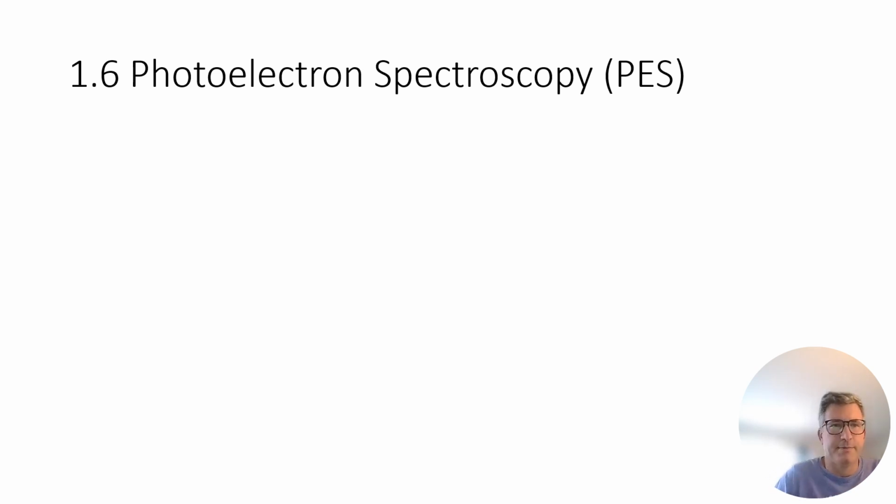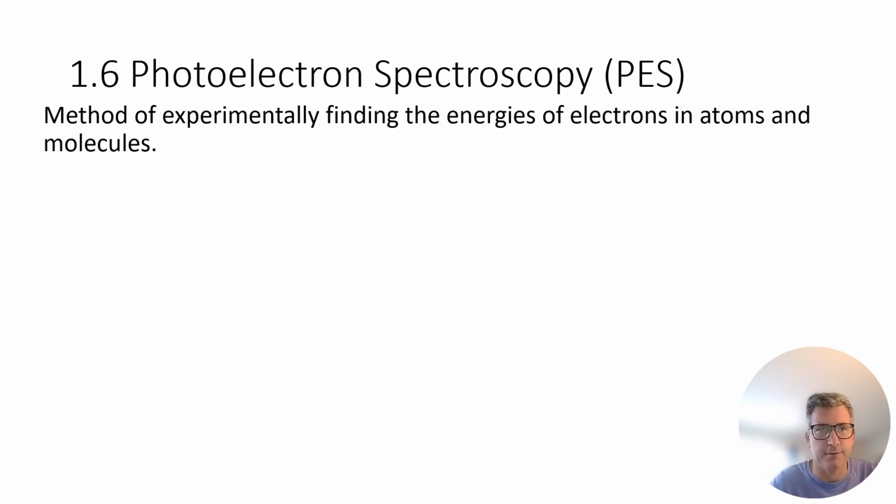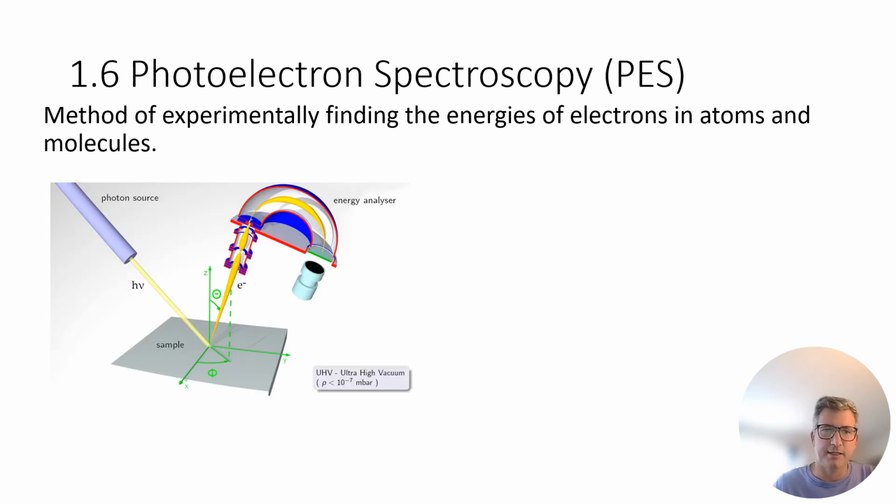All right, so we are on topic 1.6, photoelectron spectroscopy, and it's just a method for figuring out the energy that an electron has within an atom or molecule. And the way that this is done is kind of using the law of conservation of energy, because if we hit a sample with a known amount of energy, so some high energy photons hit this sample, they knock an electron free.